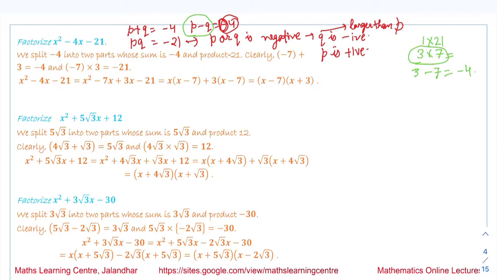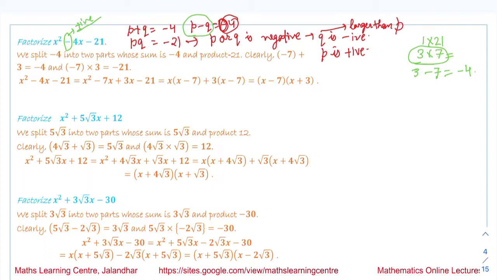So the difference between this question and the previous question is that in the previous question this part was positive, so in place of 3 minus 7 we had to write 7 minus 3 over there, but now we are writing 3 minus 7, so the answer is minus 4.